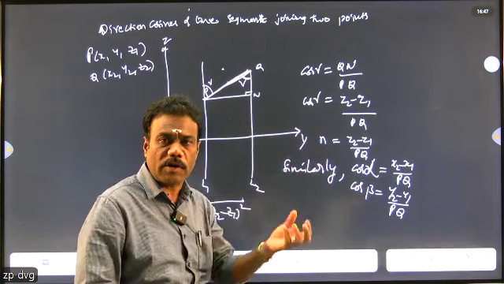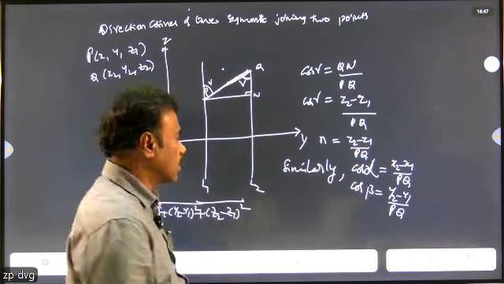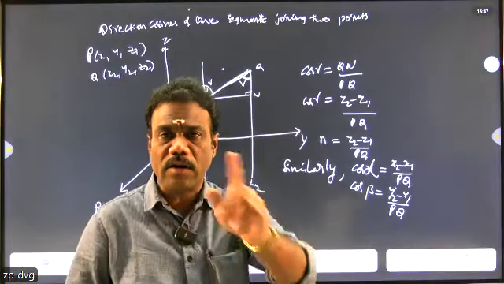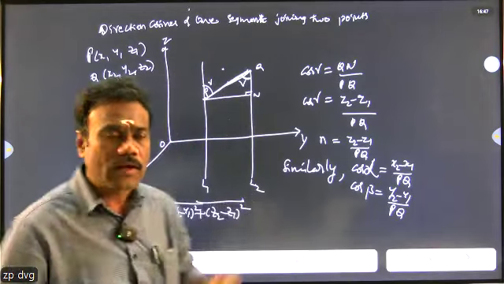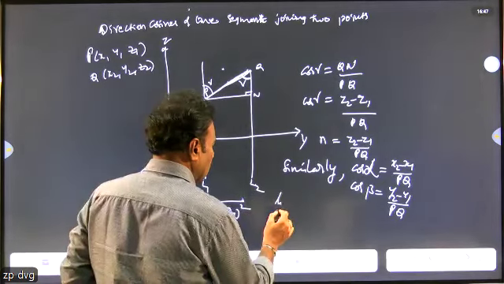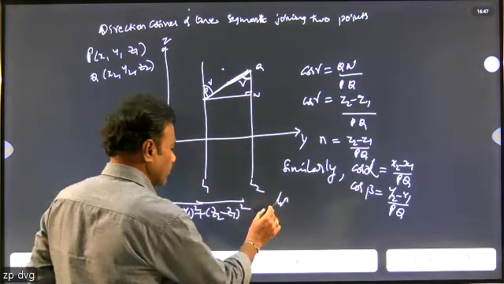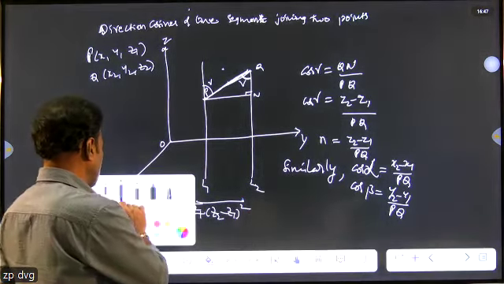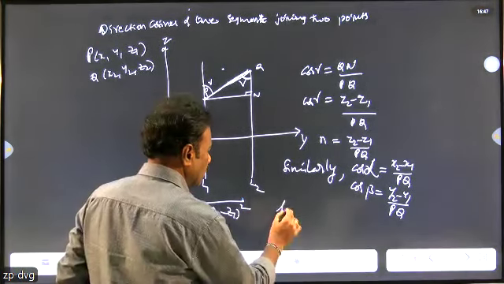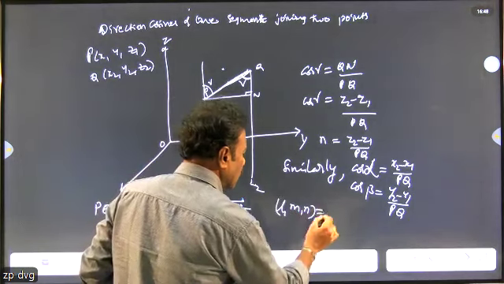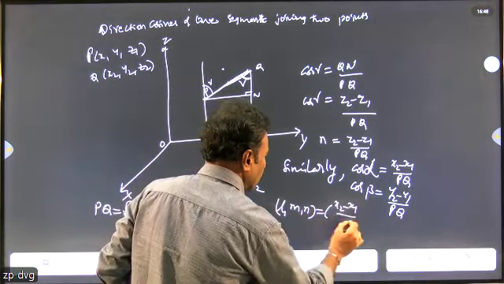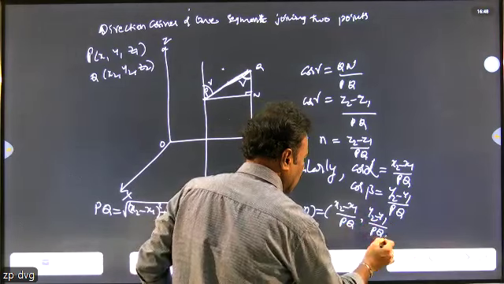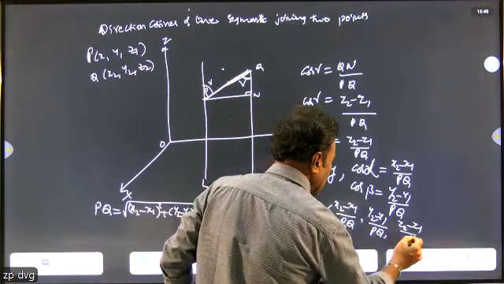We know cos alpha, cos beta, cos gamma are denoted by L, M, N. That means the direction cosines of a line joining 2 points P(x1, y1, z1) and Q(x2, y2, z2) are L, M, N equal to (x2 minus x1) by PQ, (y2 minus y1) by PQ, (z2 minus z1) by PQ.